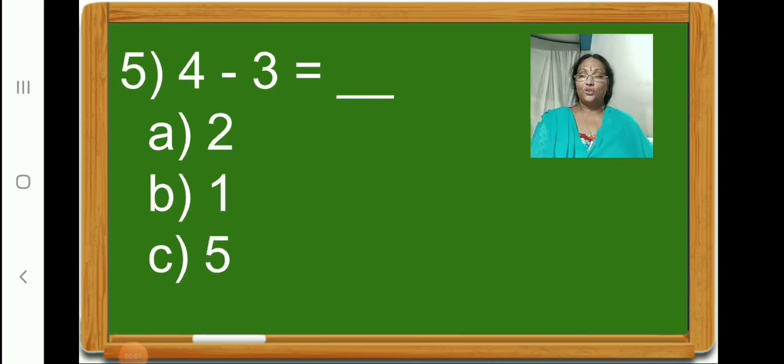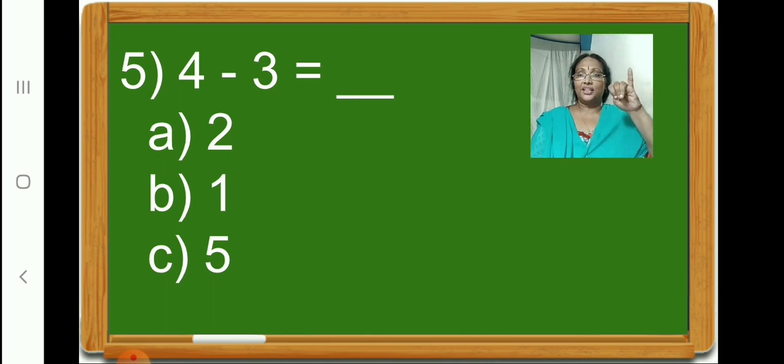Let us solve question number 5. 4 minus 3. Here children, we have to minus number 3 from number 4. We can subtract using our fingers. Now children, open 4 fingers. As we have to minus 3, we are going to fold 3 fingers. 1, 2, 3.